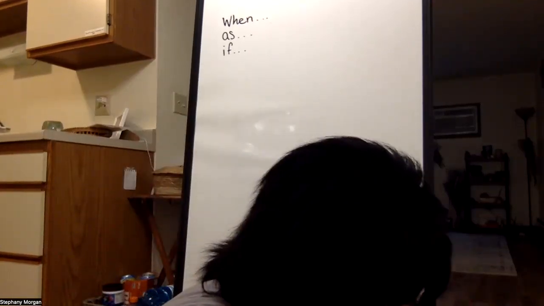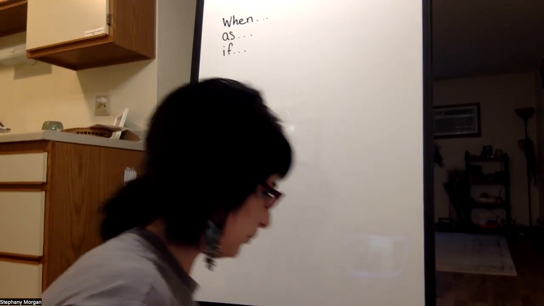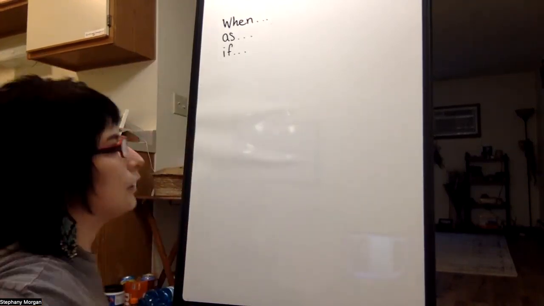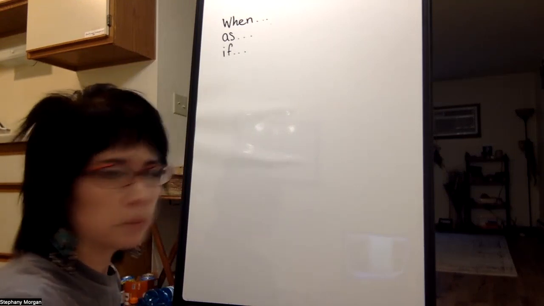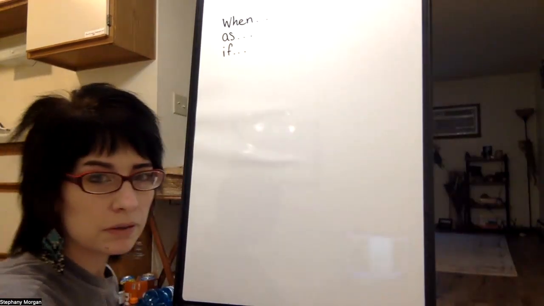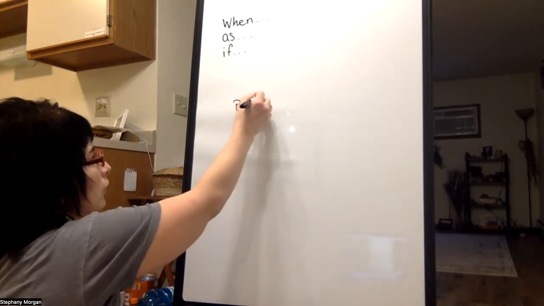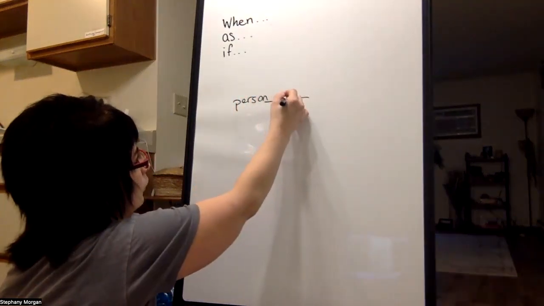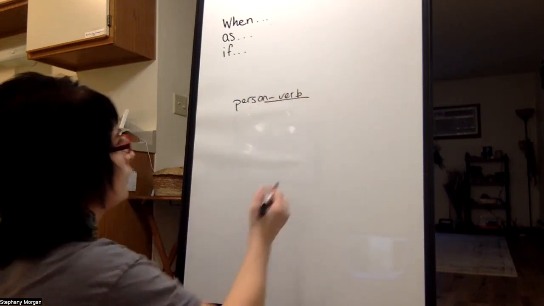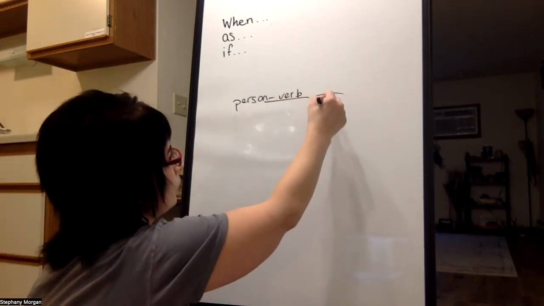Again, B form is when you attach the person to the end of the verb. In A form, we had person, verb, hyphenated, and sometimes your plural person here.